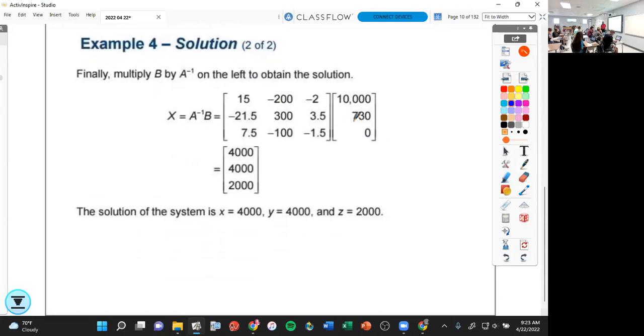And remember, it's row by column, right? Let's just talk through that real quick.